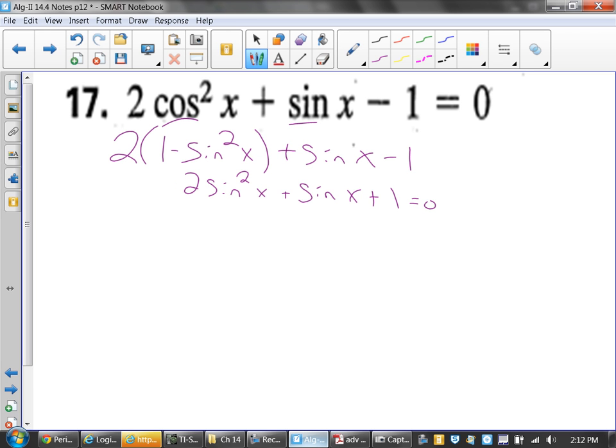Change your signs. Good factor. I'm just shortcutting this a little bit here. 2 times negative 1 is negative 2. To get to a negative 1 would be negative 2 and positive 1.